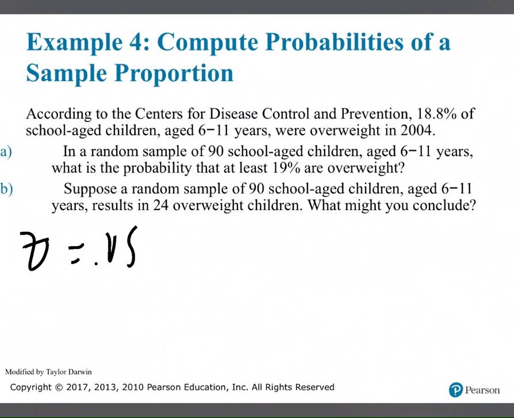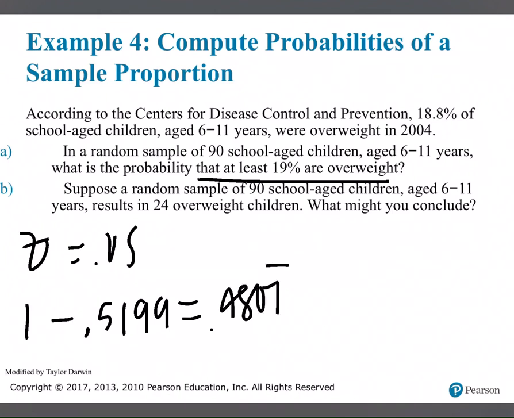The probability that goes with that is 0.5199. But we want at least, so at least means to the right, and that 0.5199 gives me the area to the left. So I need to subtract it from 1 to get the actual value, 0.4801.